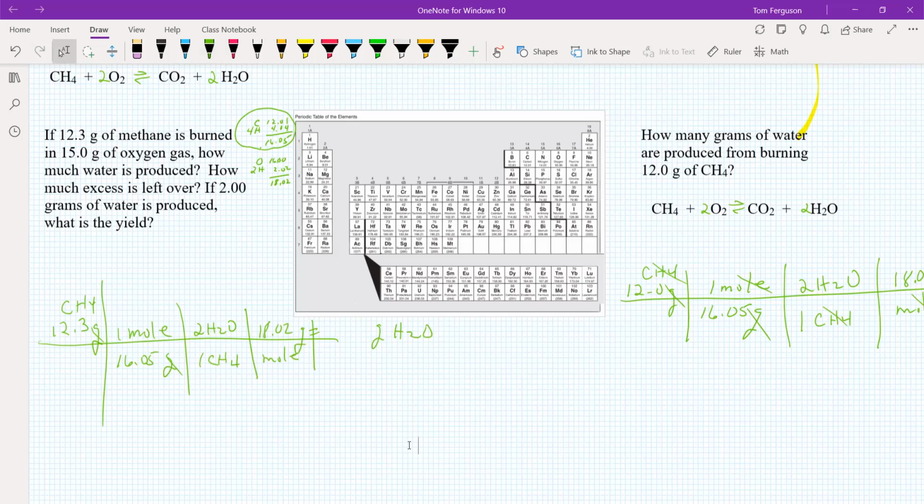We're ignoring the other given. We need to grind it out.